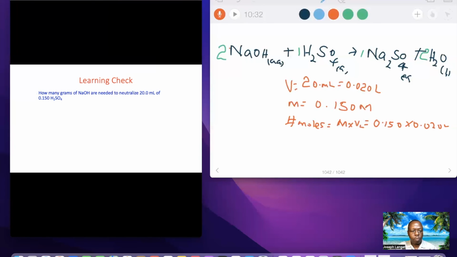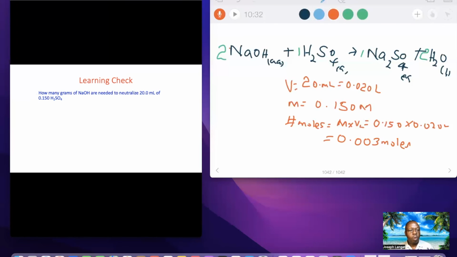So it's 0.150 times 0.020. I see here 0.003 moles.